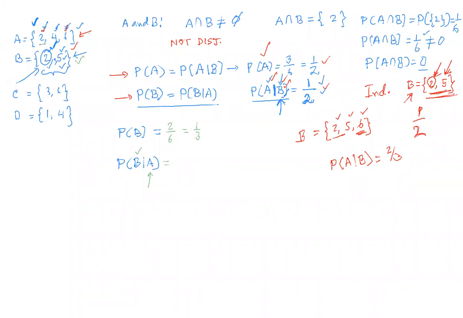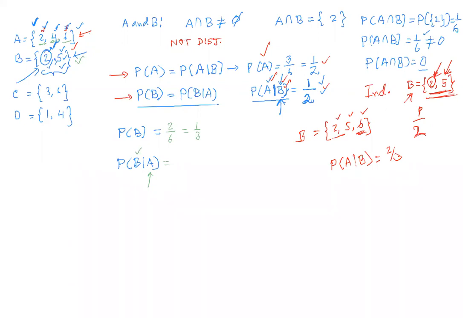Okay, hold on. The outcome is 2 or 4 or 6. If A has already happened, then the outcome is either 2, 4, or 6. Now, if we know A has already happened, what are the chances that B will happen?